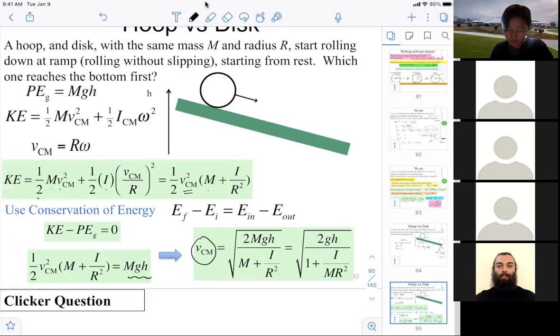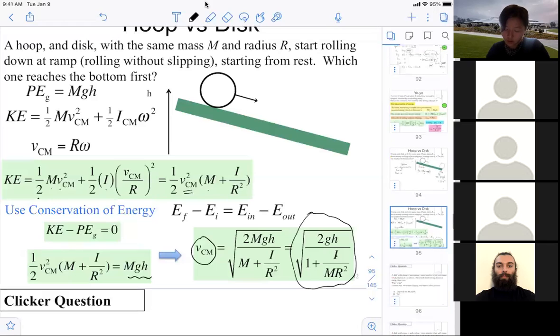You can see that this equation depends on M, depends on R, depends on I. For different shapes, you can plug in different results.